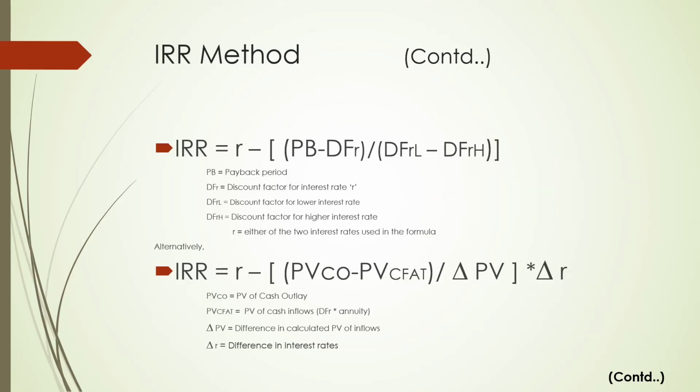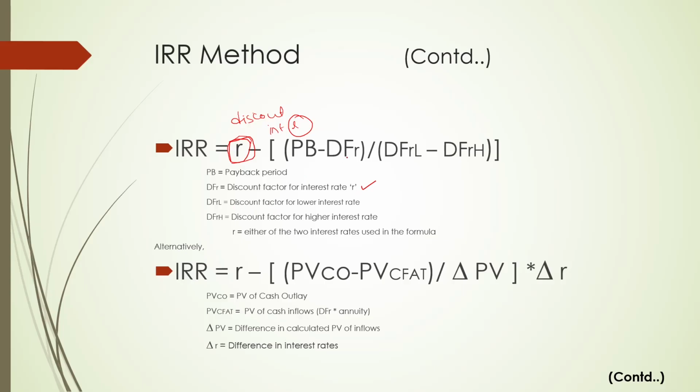Let us see the formula for IRR, then we set R. What is this R? This is a discount factor for interest rate R, in the sense at which rate you are able to calculate that NPV. Okay, so here I mentioned that.